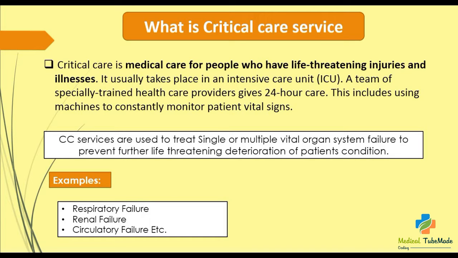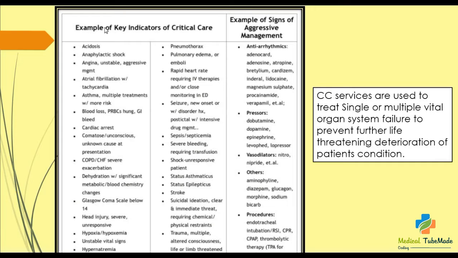I will give more examples. Here you can see examples of key indicators of critical care, and here you can see examples of signs of aggressive management. You can see lots of conditions like life-threatening conditions, cardiac arrest, COPD, CHF, dehydration with significant metabolic blood chemistry changes.